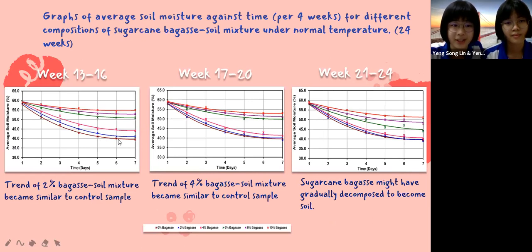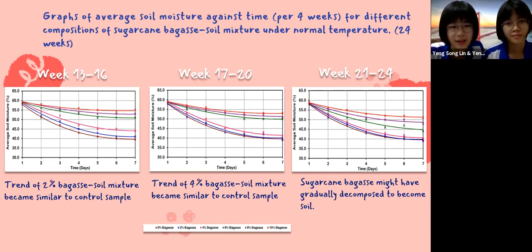As we have mentioned earlier, the control sample means that there is no sugarcane bagasse at all in the soil. So when the trend of the 2% bagasse soil mixture became similar to the control sample, it means that the sugarcane bagasse has decomposed because its water retention characteristics have declined.